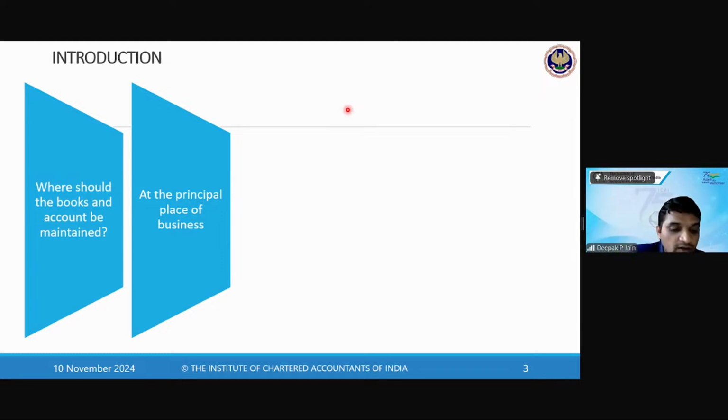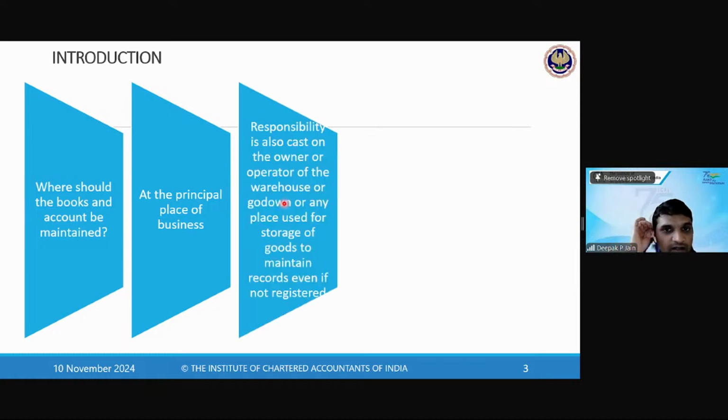So whatever records are to be maintained has to be maintained at the principal place of business. That is the relevance of the principal place of business, saying that when you identify one of those 10 locations in a state to be called as place of business, one should be the principal place of business where all your books of accounts are maintained. Otherwise, what is the relevance of that? That's why at the principal place of business, they will maintain all the books of accounts.